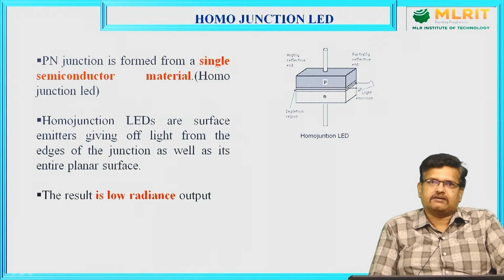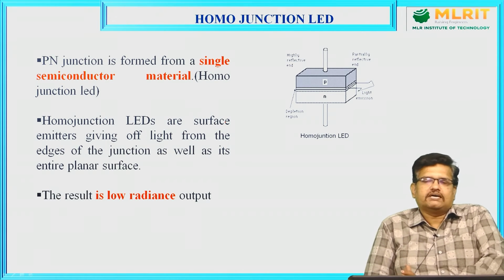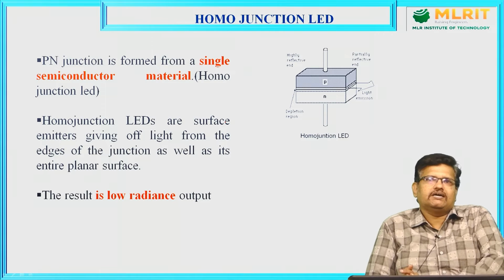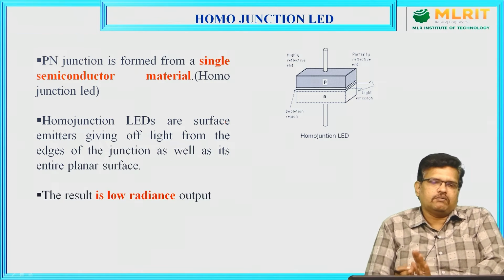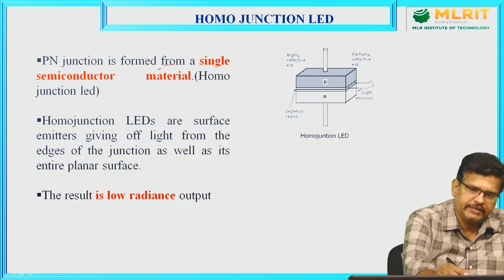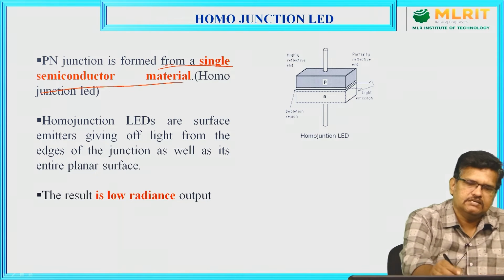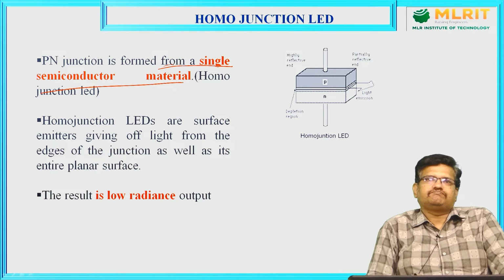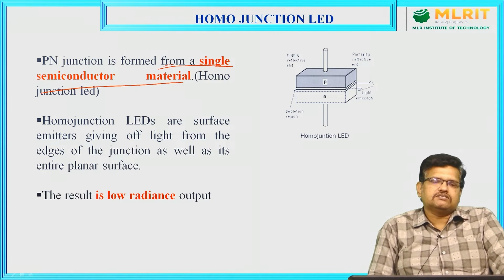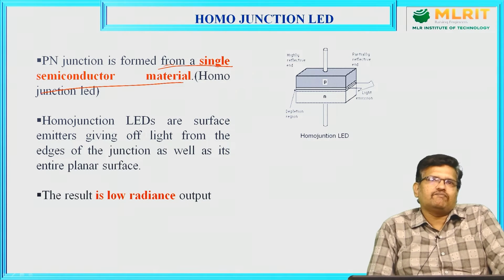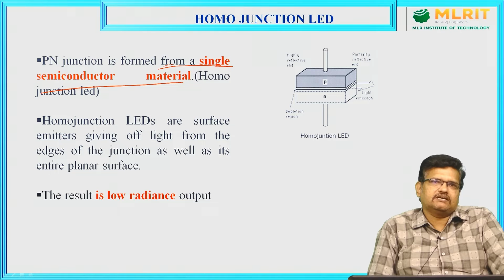Fine. Now let us see the homojunction diode and heterojunction diode. The homojunction diode is a normal one. If you see the PN junction diode made from a single semiconductor material, it's a homojunction LED. The homojunction LED, or surface emitter, gives off light from the edges of the junction as well as the planar surface.